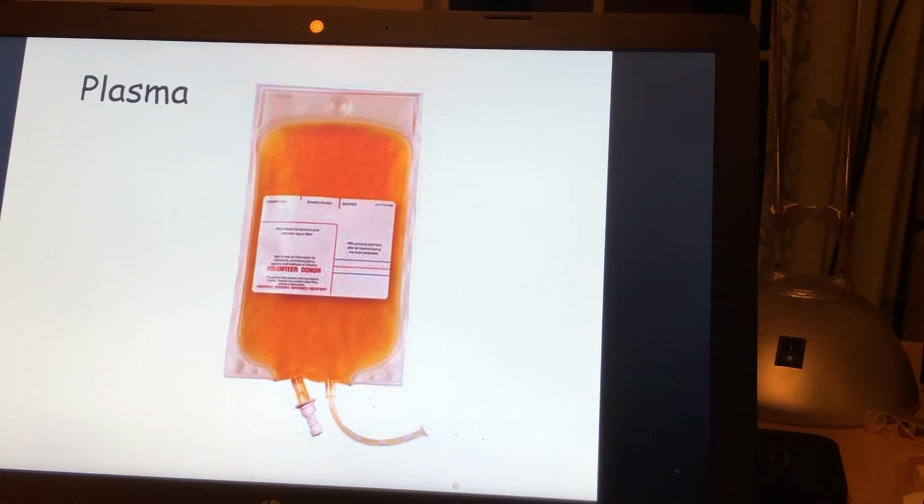Okay, the plasma then that we talked about. About half of your blood is this yellowy liquid, and this is where most of the things are transported. Now we've said that oxygen is transported in the red blood cells, but all the other things get transported in the plasma. So we're thinking here of glucose, amino acids, fatty acids, glycerol, vitamins, all those kind of things.